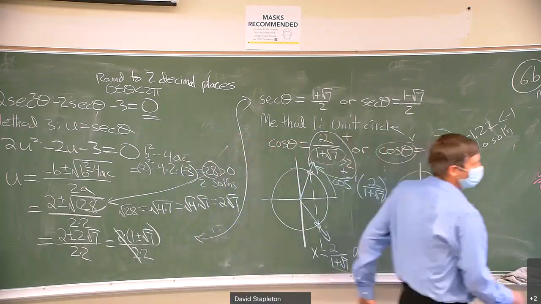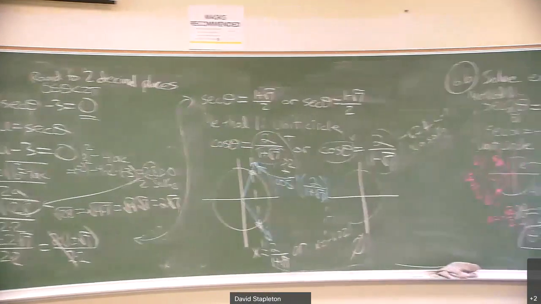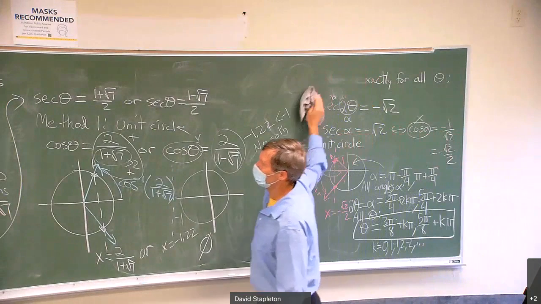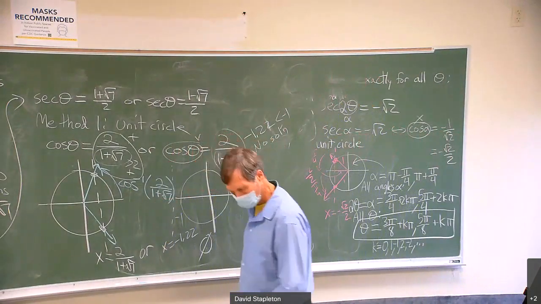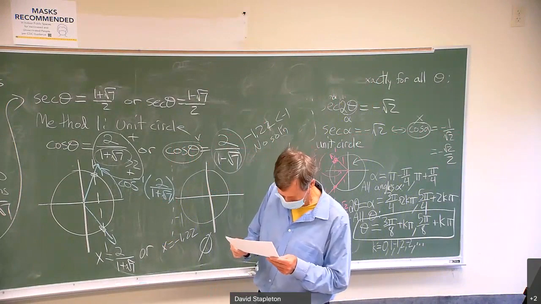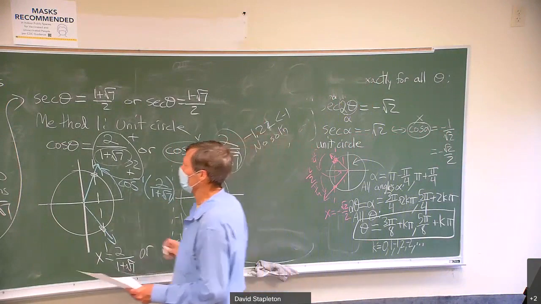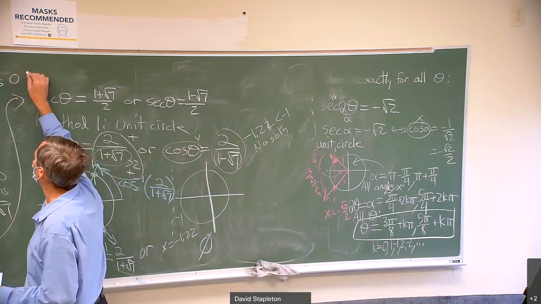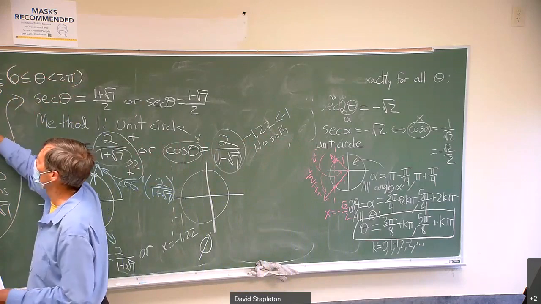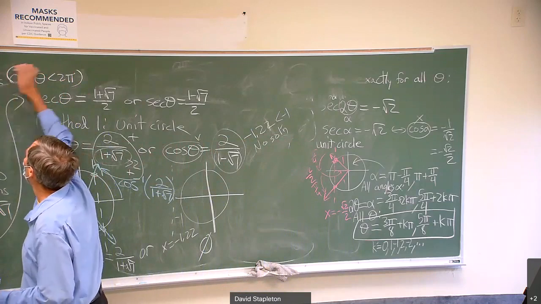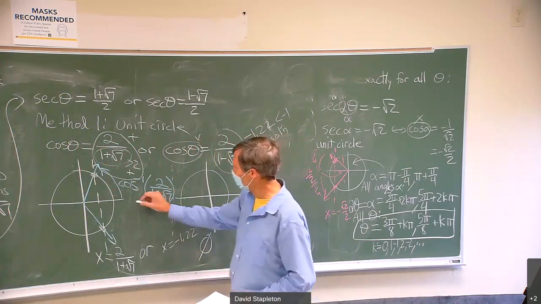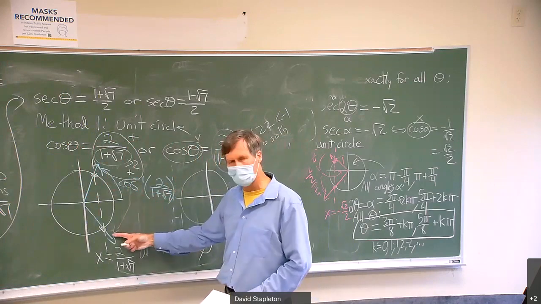How about the other one? I elected to write it at the beginning, but I think it said 0 to 2 pi, didn't it? Yeah, right on here: 0 less than or equal to theta less than 2 pi was in the instructions. Oh, I did write it. I'm sorry, there it is. So I don't want this angle. This would be minus the arc cosine, by symmetry.